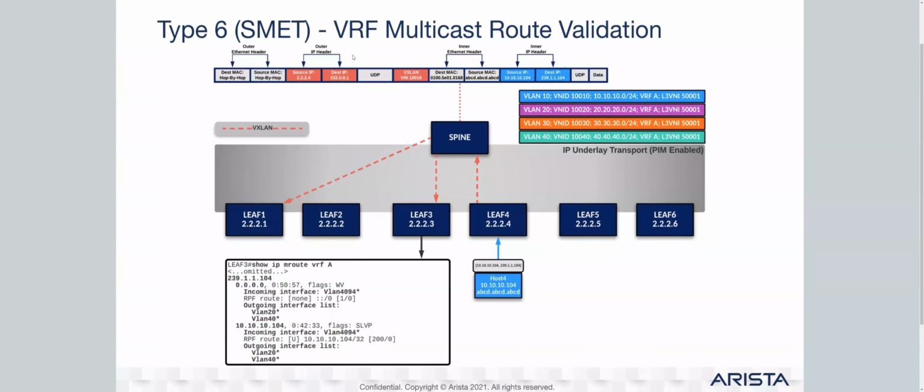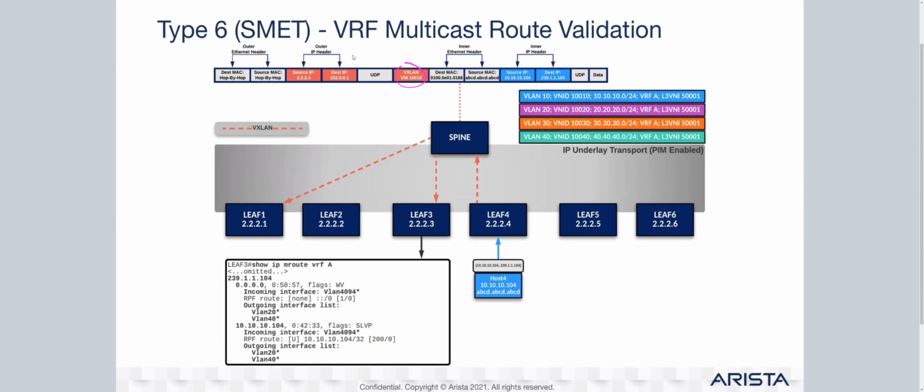Over on leaf 3, things look a little bit different, and we're doing a little bit more of foreshadowing here. The incoming interface is not VLAN 10, right? So VLAN 10, VNI 10,010 is used in the VXLAN header. Well, leaf 3 doesn't have that VNI mapped to anything, right? So bridge domain 10, which is mapped to that VNI, does not exist on leaf 3.